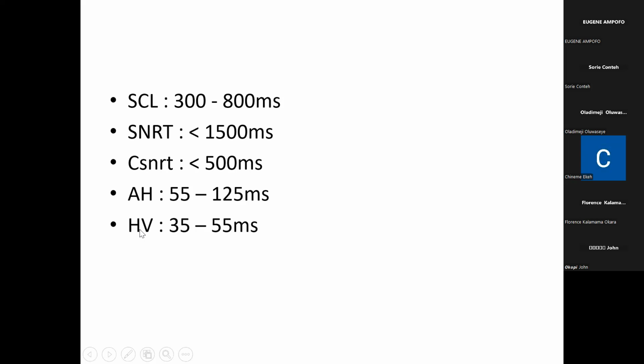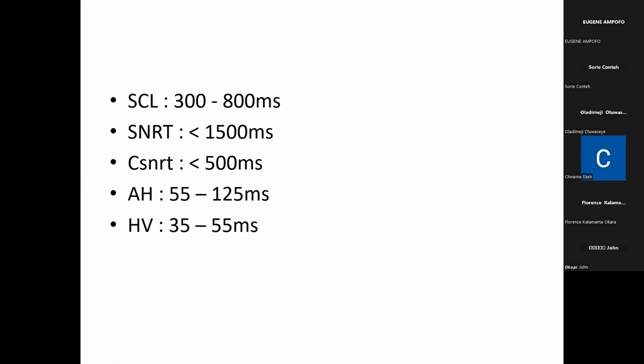While the time interval from conducting from the His bundle to the ventricle is the HV. So that time interval is for the infra-Hisian activity, while the AH is for the AV node activity. Hope I'm still audible.